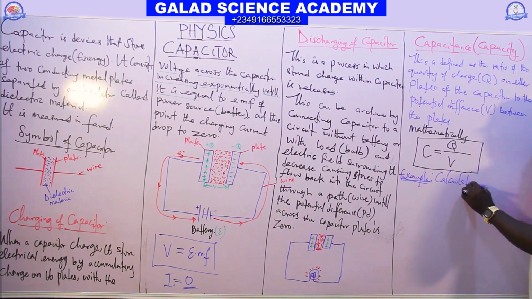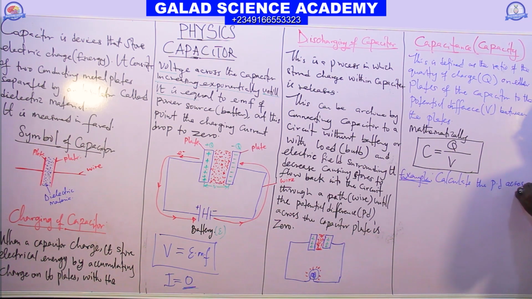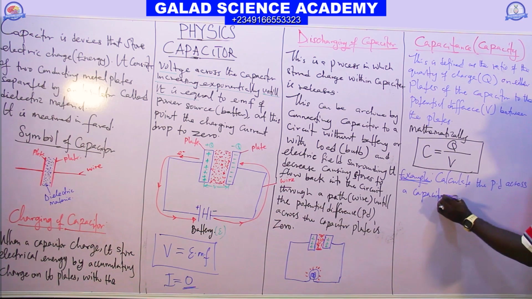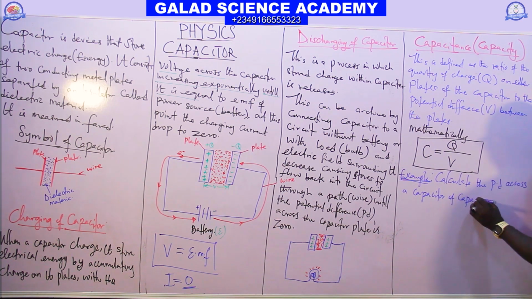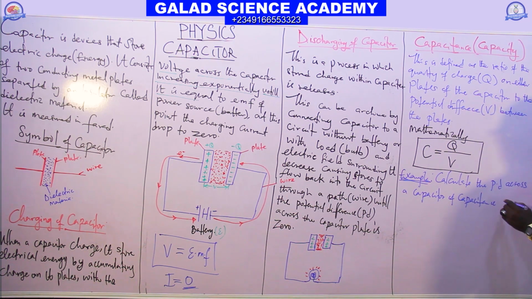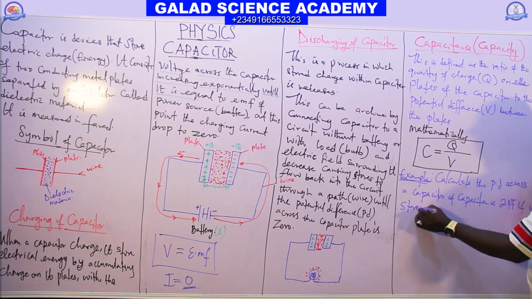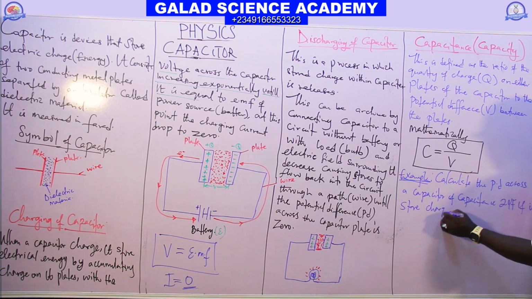Calculate the potential difference across a capacitor of capacitance 2 microfarad if it stores a charge of 30 microcoulomb.